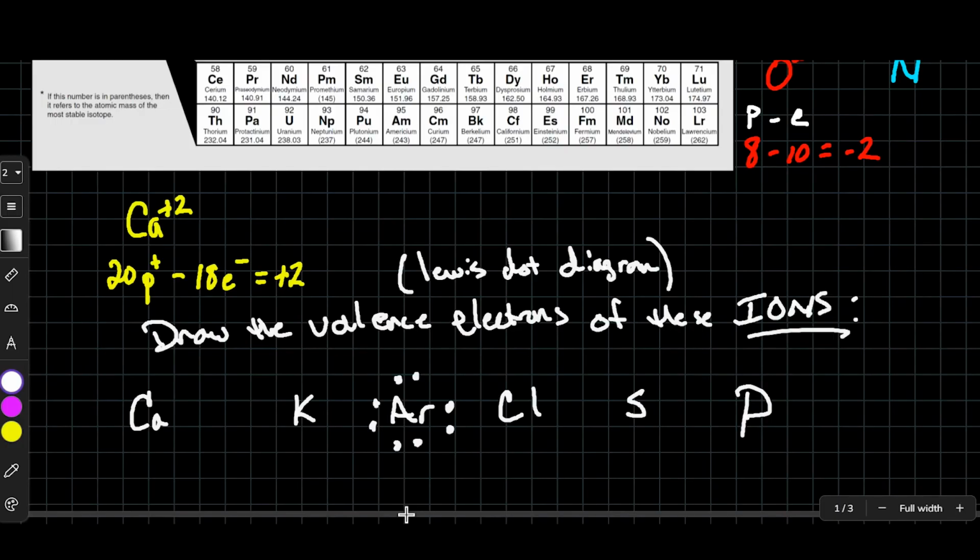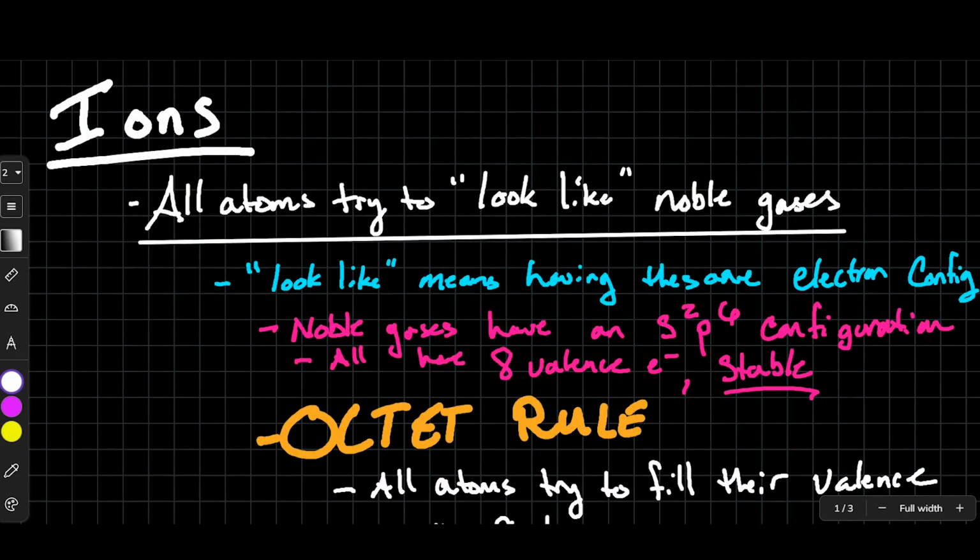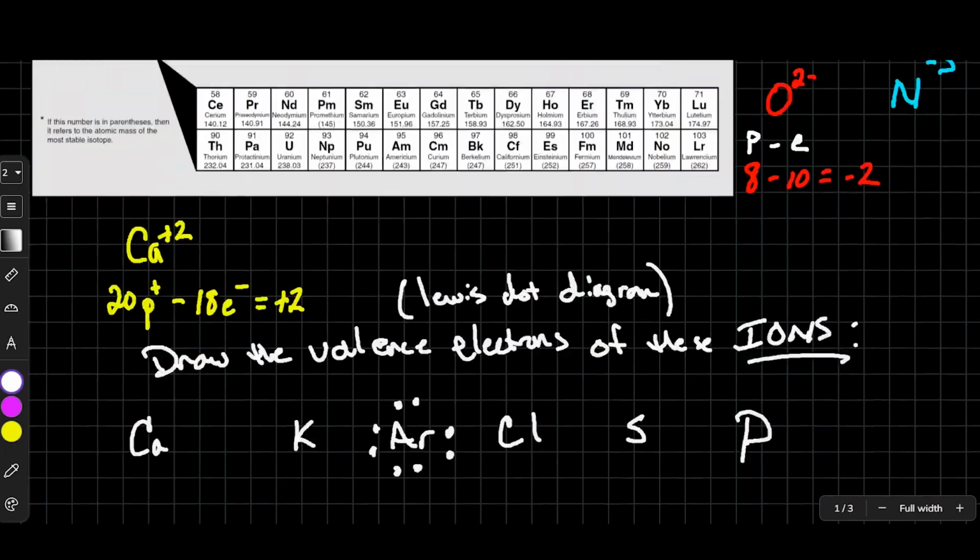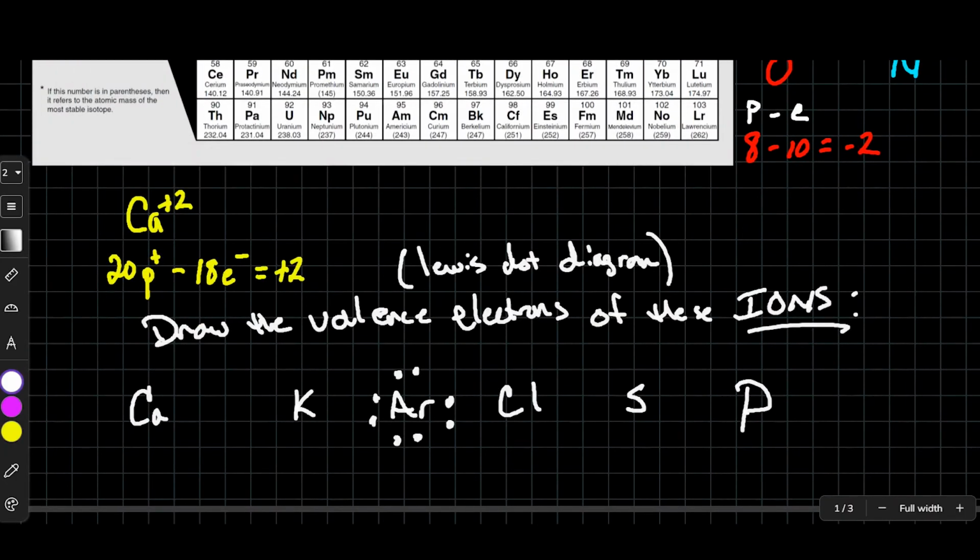What was the big rule that I told you guys at the beginning of the lecture? All atoms try to look like noble gases. So when these guys make ions, they're all going to have what? Sam, a little louder. Yeah. They're all going to have 8 valence electrons.